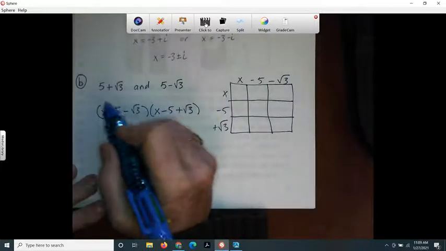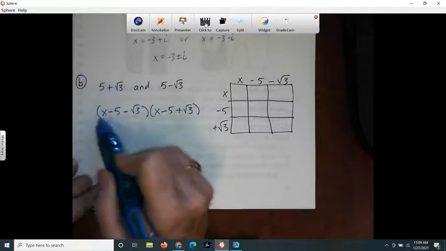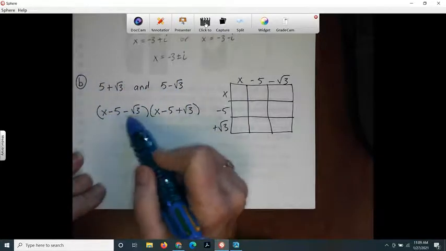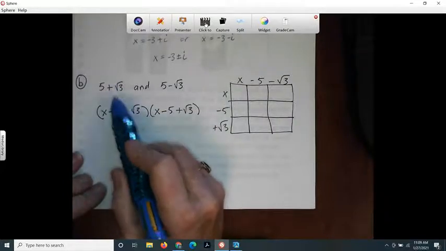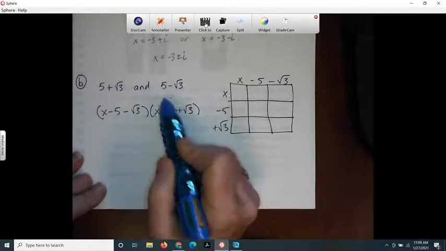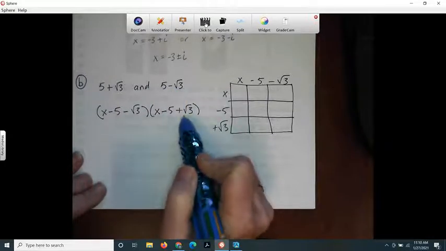The first thing I need to do is go x minus that times x minus that. But when I subtract, I distribute my negative. So that's why it's negative 5 and negative root 3, and this one gives me negative 5 because that's positive, so it's negative here, and that's negative, so it's positive here.